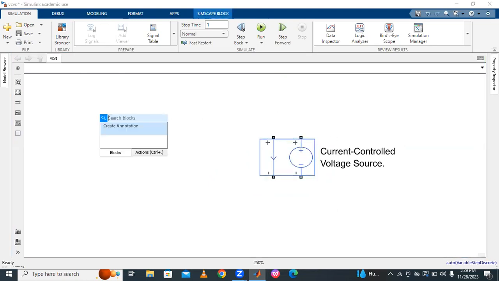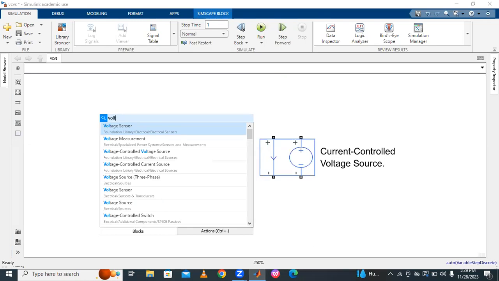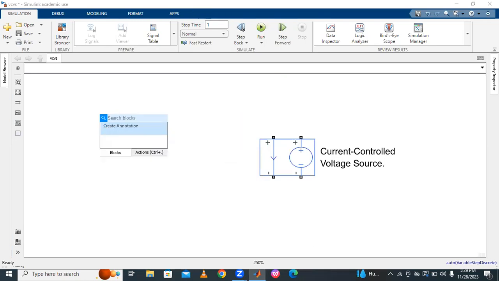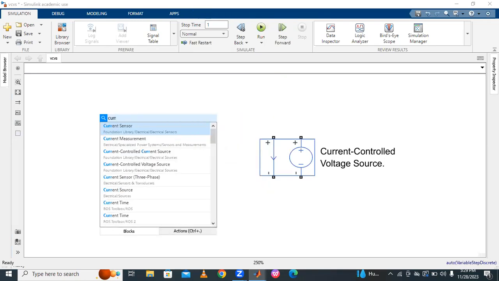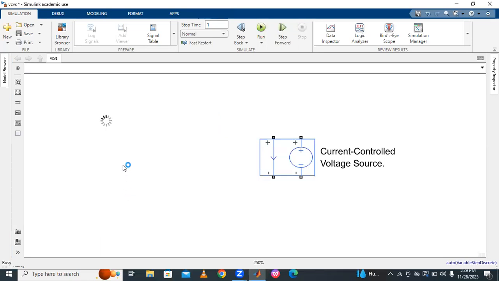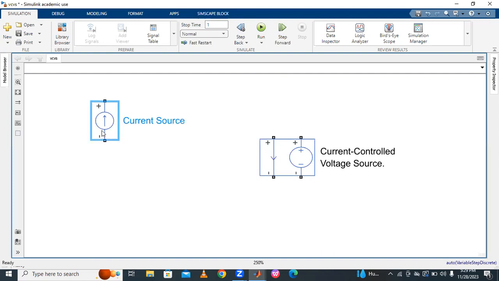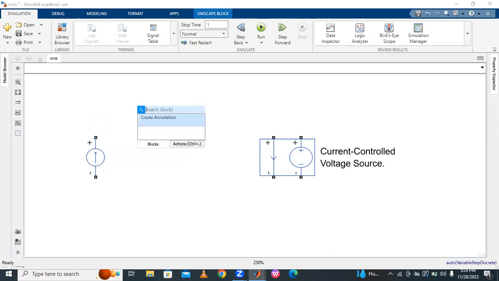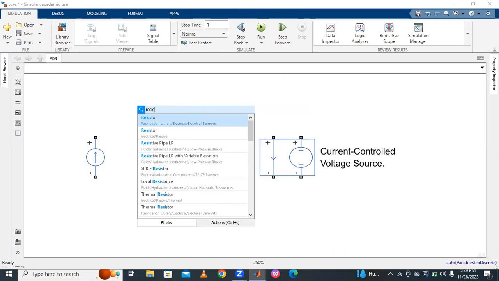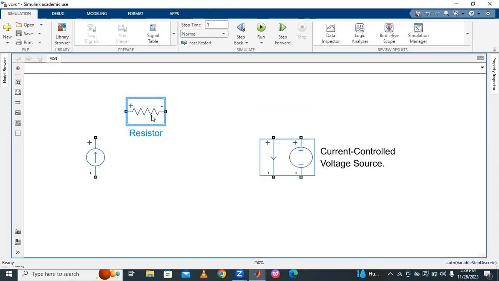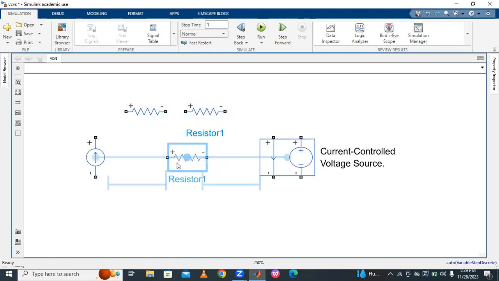Then how do you disconnect? Take one voltage source, otherwise take one current source, like this. This is called a current source. And take one resistor, and copy the resistor, and press Control.